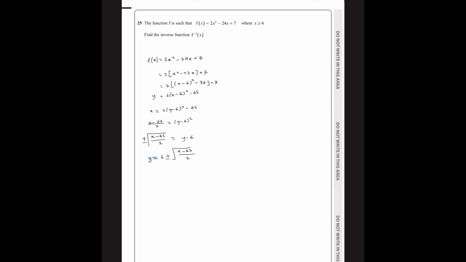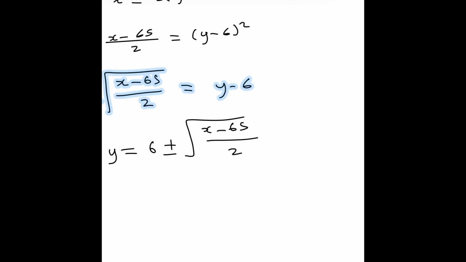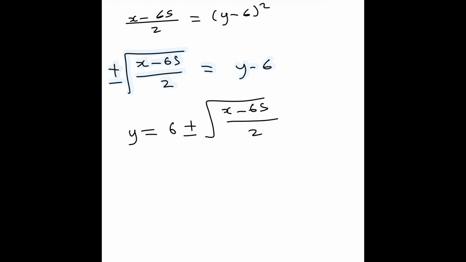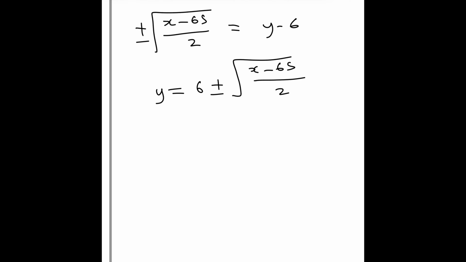Now, note in the question it tells us the function f is this where x is greater than 6. And the inverse function is basically putting in whatever the output of that first function is and giving you the original x. Now, we know that x can't be less than 6. So in the answers, we choose the plus. Because if it's minus, then the answer we get would be less than 6, which is not possible for this function.